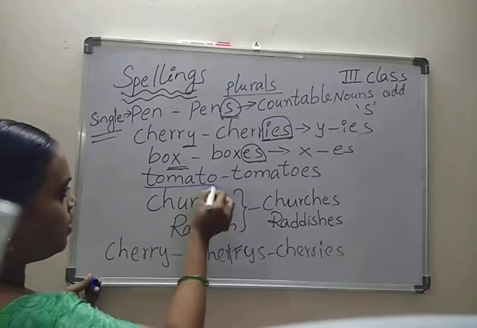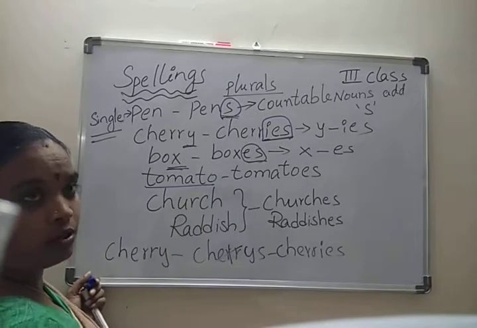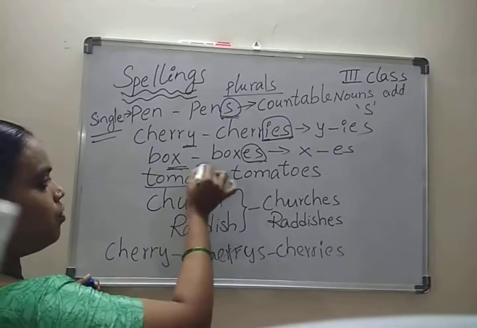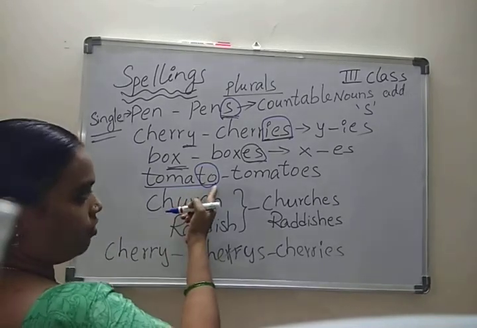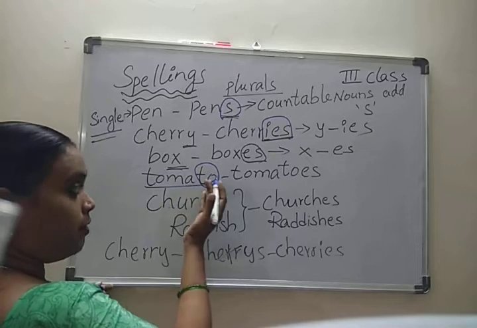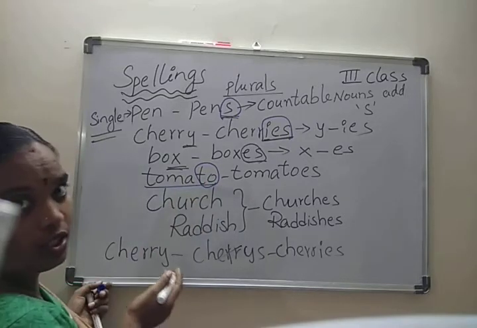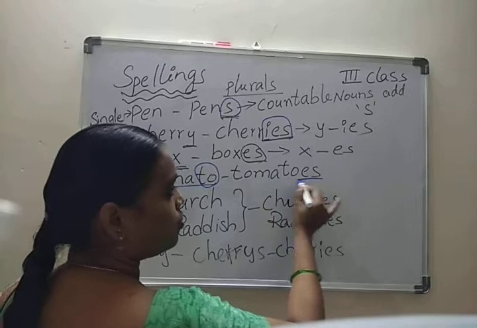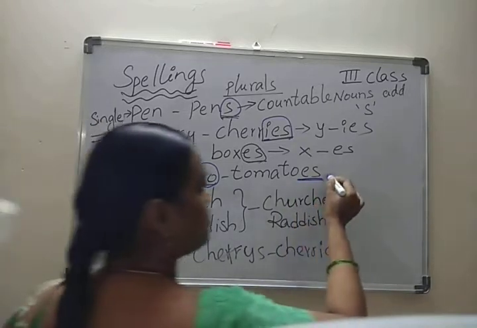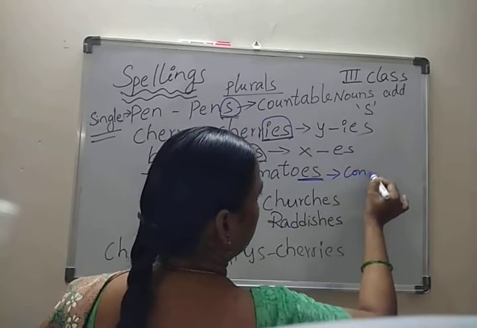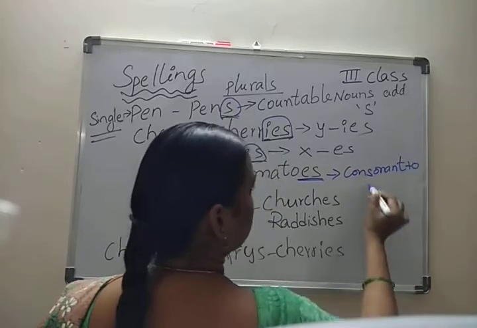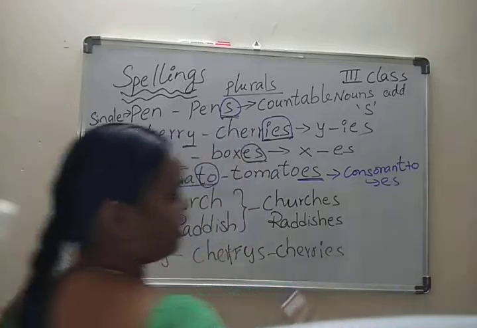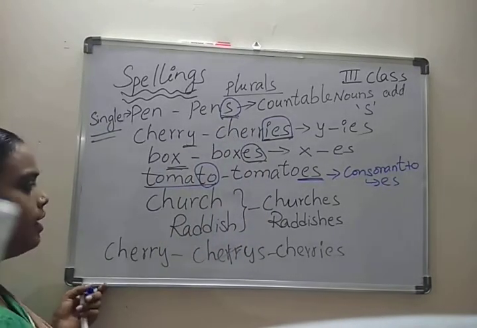And here, tomato, potato. Whenever a word ends with the vowel O, but before the O one consonant is there, we have to use ES. Any consonant, not only T. Consonant plus O means ES will be added.